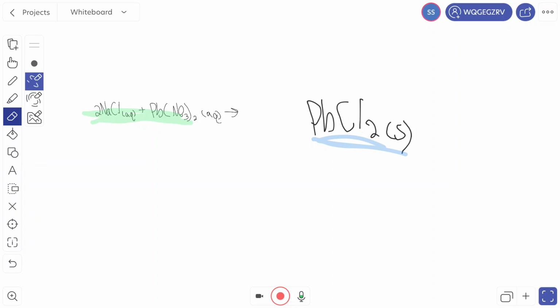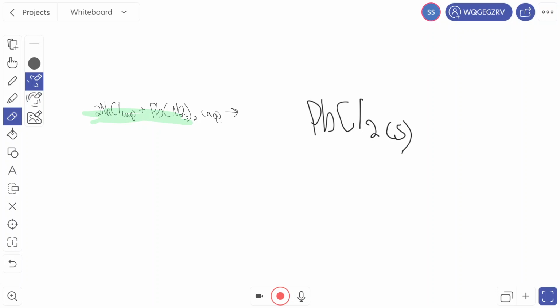This one's pretty easy. You just swap the places. You just swap lead and sodium. There are others where they are single replacement, and you'll have to use your activity series.